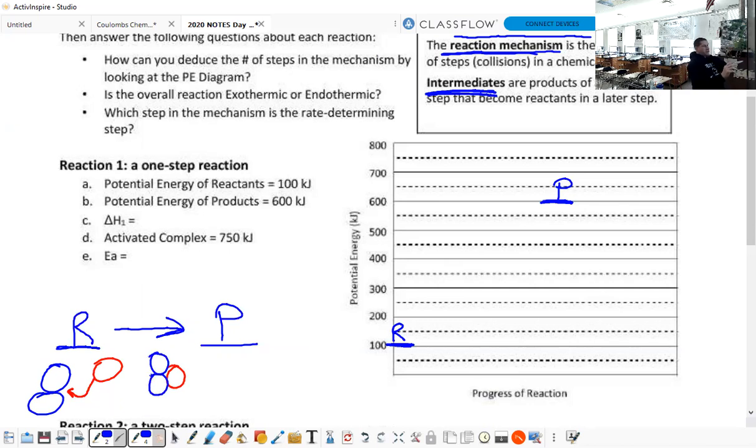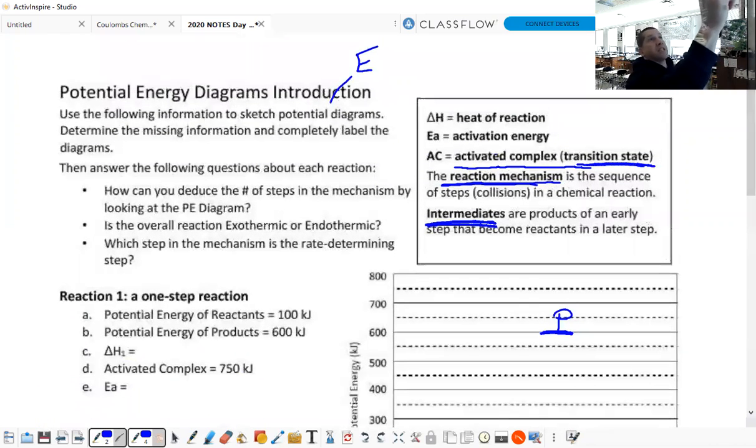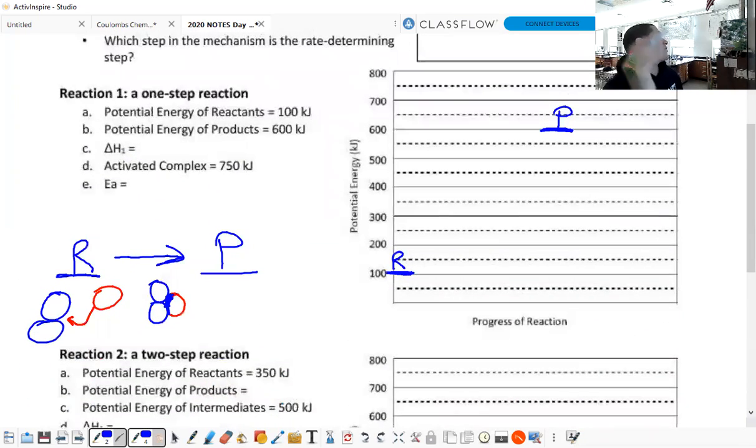Let's say right there, they have collided. So we have not yet broken any bonds, and we have not yet formed any new bonds. It's simply the collision. Up here, you can see it was referred to as a transition state. It's also referred to as an activated complex. So that's what that is.